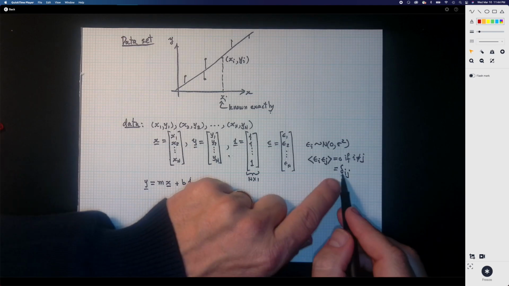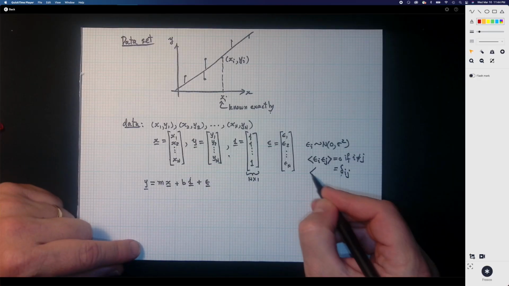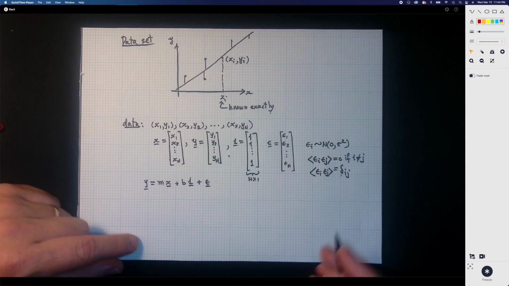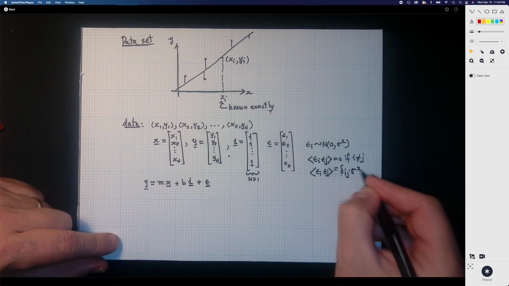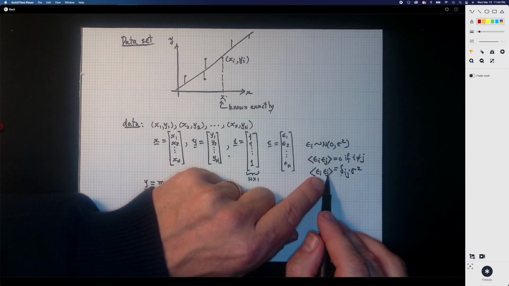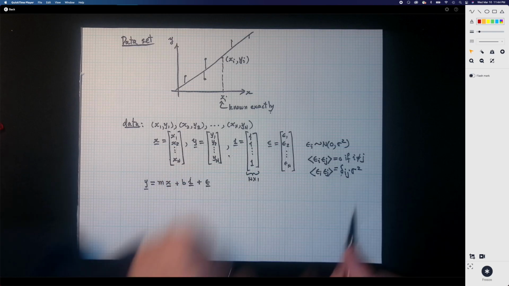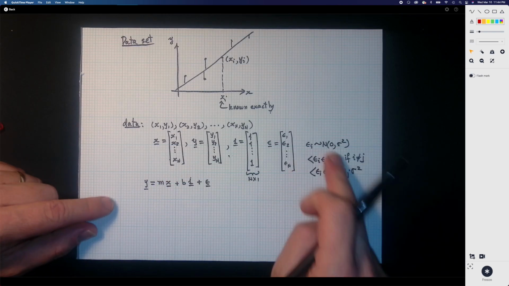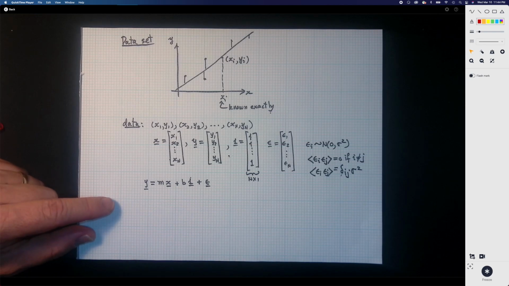And this delta ij is equal to 1 if i is equal to j and is 0 otherwise. So like this, times sigma squared here. I need to add the sigma squared, because the covariance of epsilon i with epsilon i, the covariance with itself, is sigma squared. That's the variance. Okay, we're going to use this fact when we write down the likelihood function. That's why I went through all this.